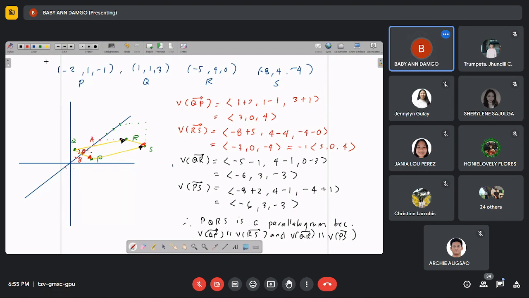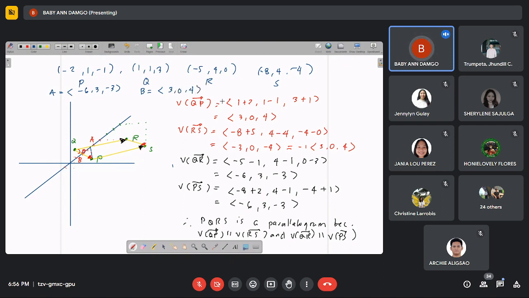So we form the height here. The base is where we form the height. So our A is the vector QR. So A is equal to the vector negative 6, 3, negative 3. Okay, QR. And then B is the vector UP. So this is 3, 0, 4.